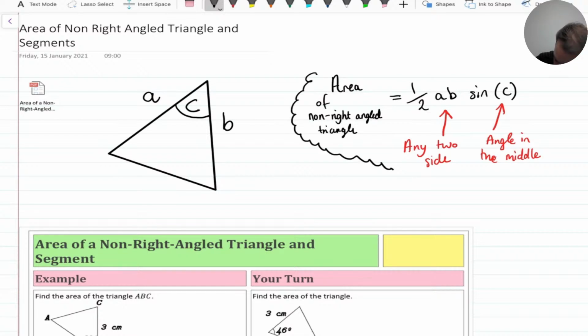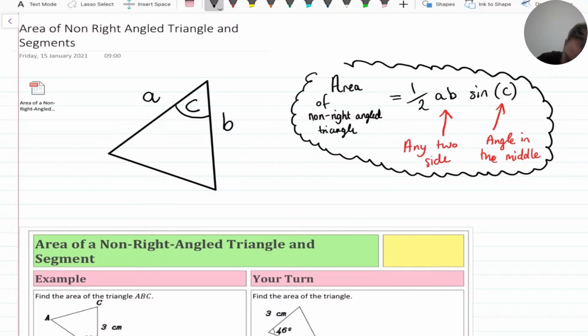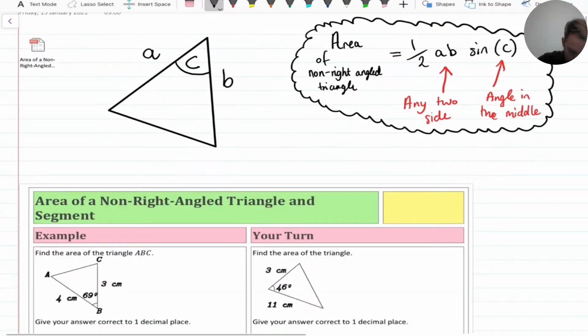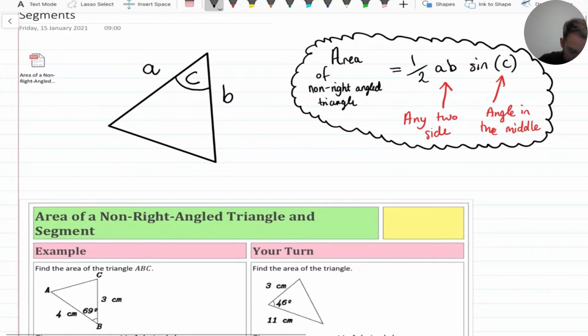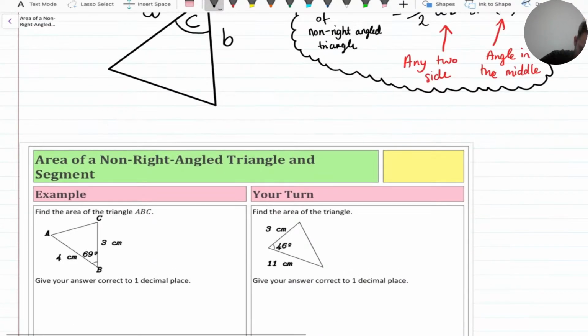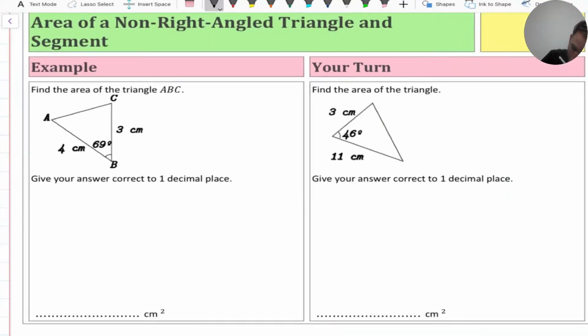Really straightforward. Okay, so let's go with this first question then. This one here is example 1.